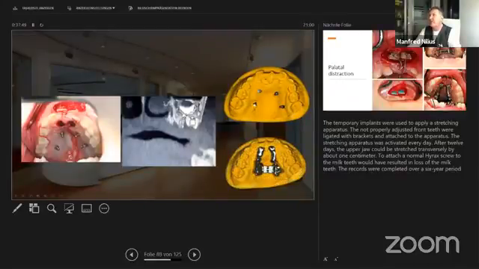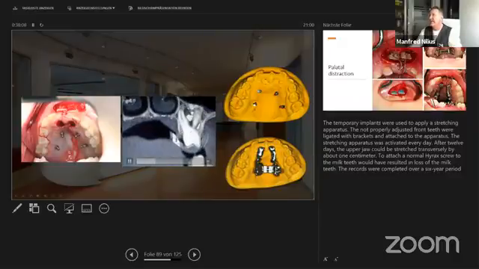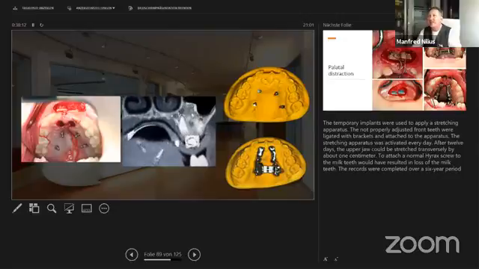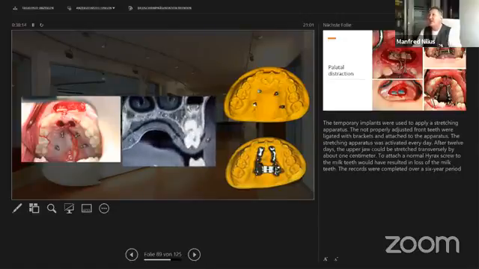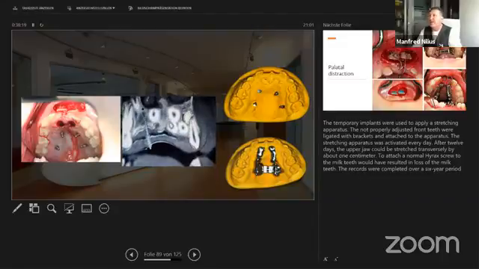We used this because only milk teeth were on the arch, so we used these implants for palatal distraction, and the navigation is possible using, I think, a Nobel guide at that time, and you can see the roots from the permanent teeth, and then you go directly between the roots.